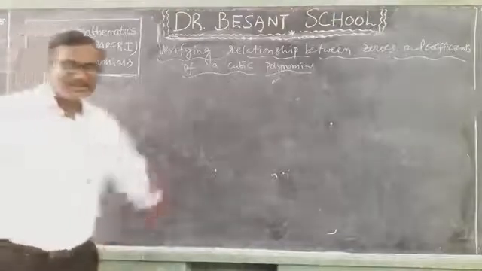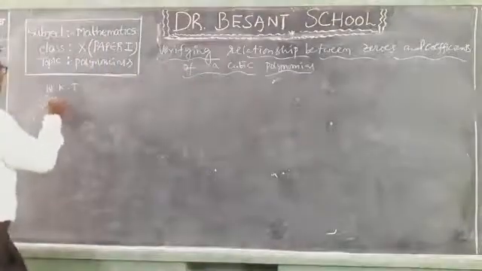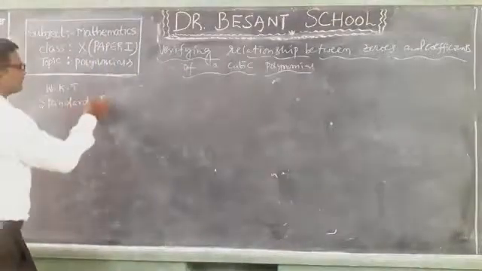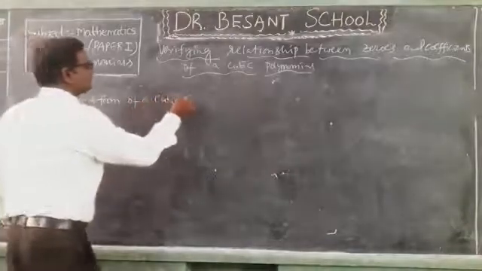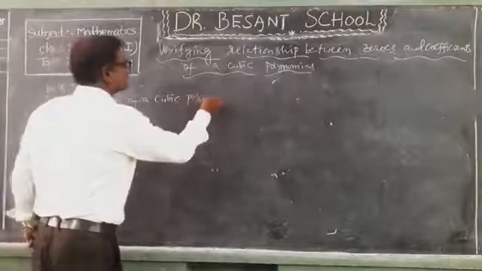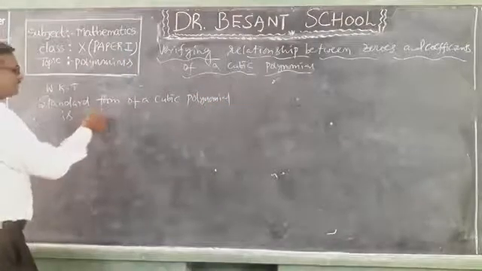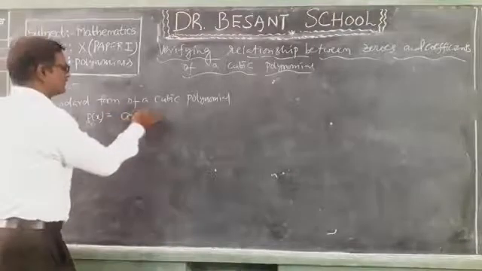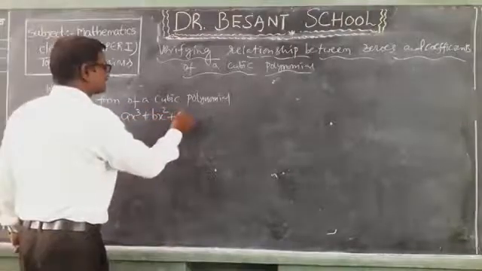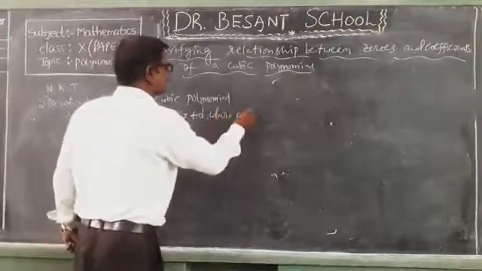WKT stands for we know that. We know that the standard form of a cubic polynomial is p of x is equal to ax cube plus bx square plus cx plus d, where a is not equal to 0.